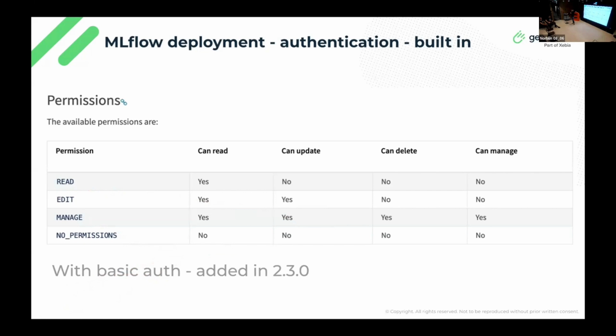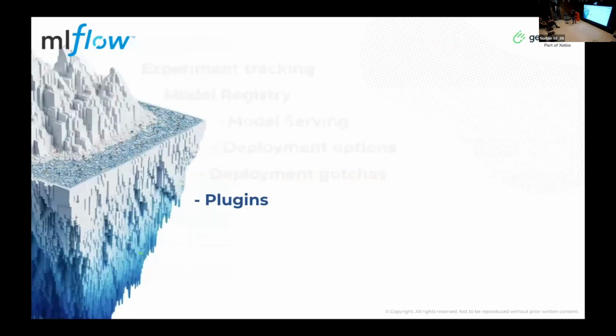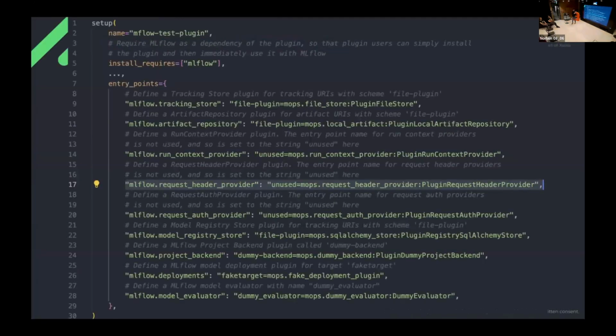And speaking of extendability of MLflow, let's go one more layer deeper into plugins. Since MLflow itself is mostly Python-based, they're actually exposing many different entry points that you can extend.